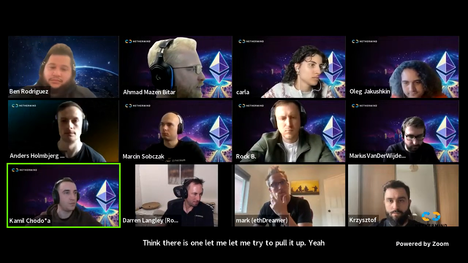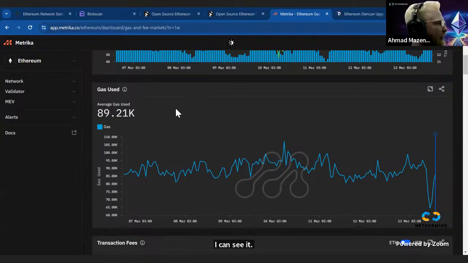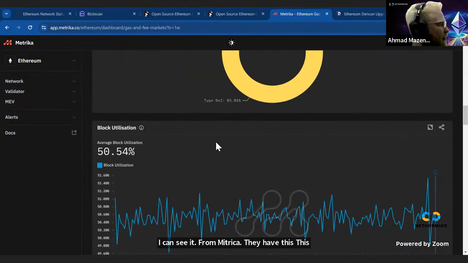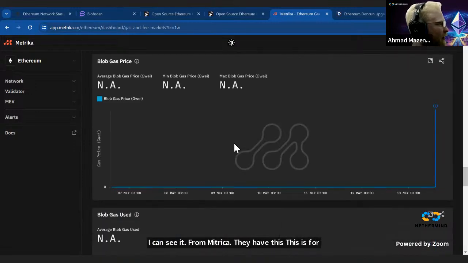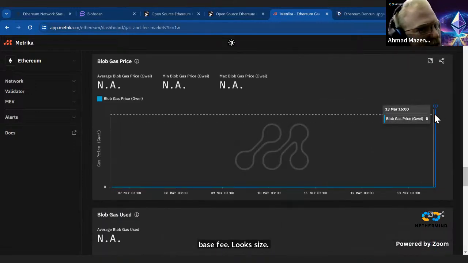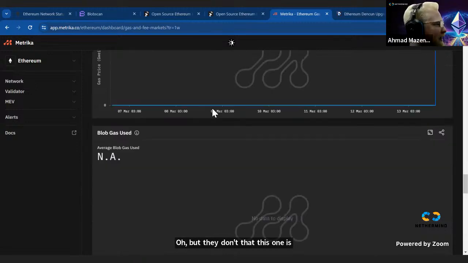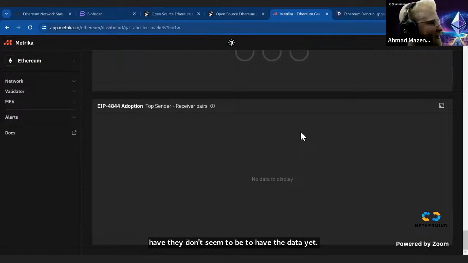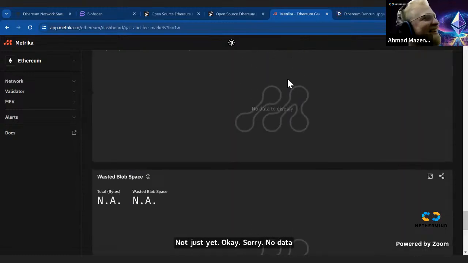I can see it from Metrika. They have this. This is for base fee, block size. Oh, but they don't. Huh. They don't seem to have the data yet. Not just yet. Okay. Sorry, no data yet.